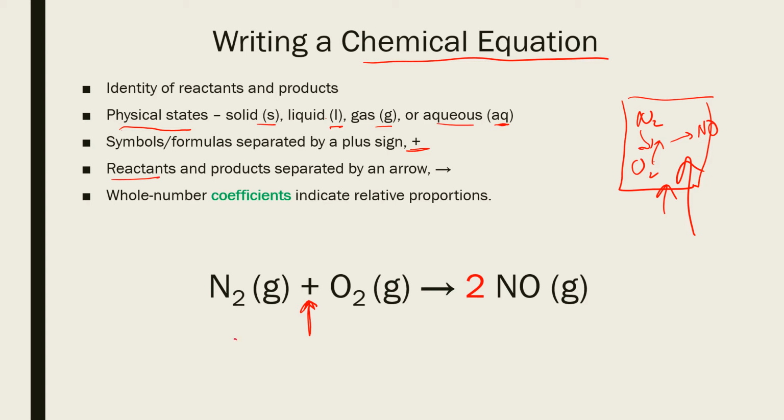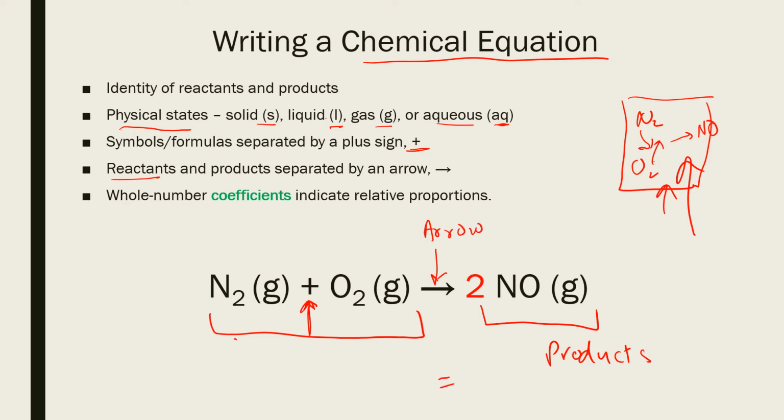Reactants are on the left hand side of the equation. Products are on the right hand side, and they are separated by an arrow. Remember, that's important. It has to be an arrow, not an equal sign. If you put an equal sign, that would be wrong. And then a whole number coefficient indicates their relative proportions. For example, this 2 means that in this chemical reaction, 2 NO molecules are produced.